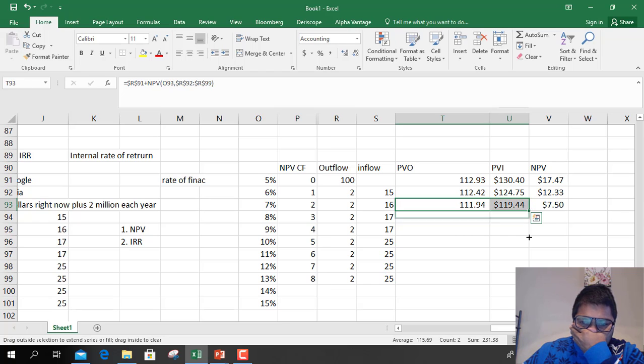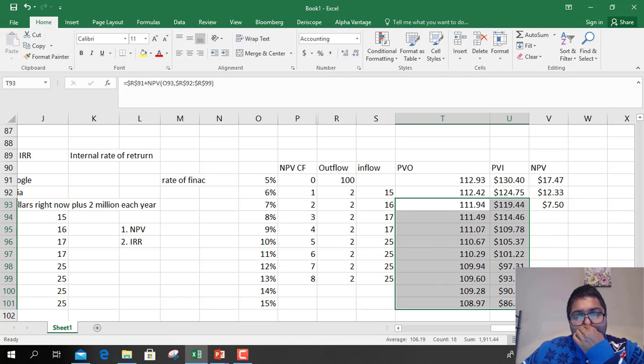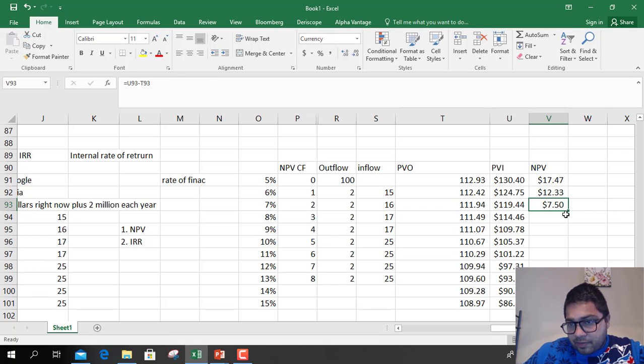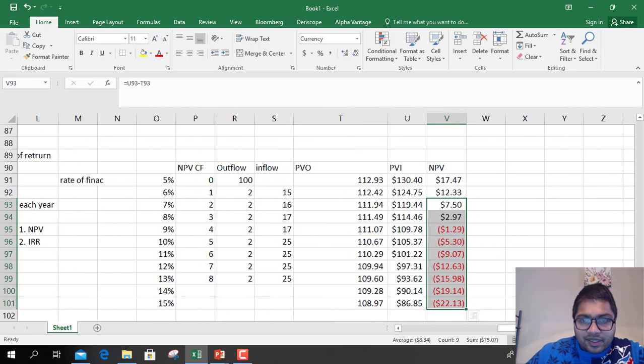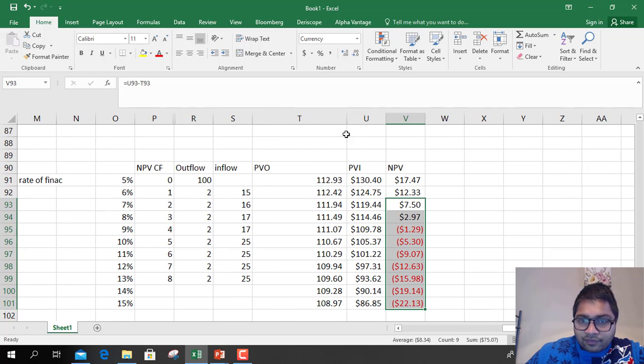Okay, so if you calculate it for each interest rate, these would be the profiles and these would be the NPVs, net present values. So this was NPVs at different rates.